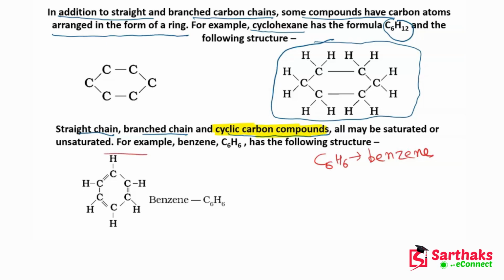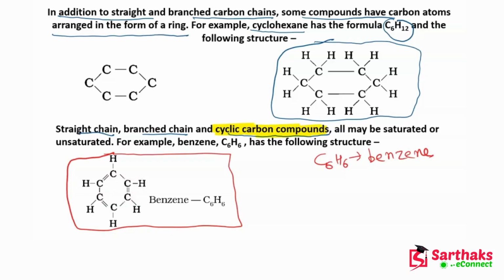Benzene has a structure like this. As you can see, this is a cyclic carbon compound. All 6 carbons are in the shape of a ring, and there is a double bond 3 times. Between this carbon and this carbon there is a double bond. Here also there is a double bond, and here also.